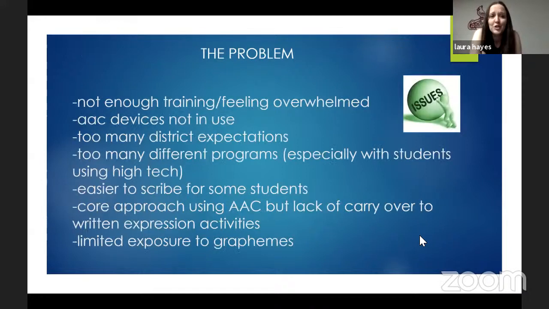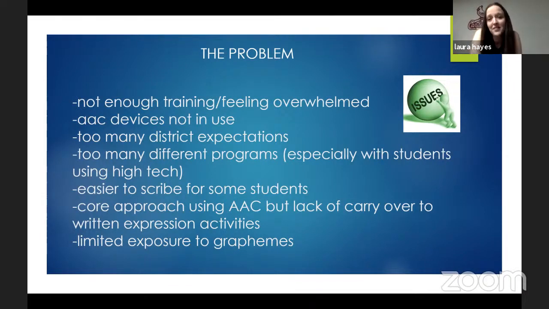But in doing that, because we have such a plethora of devices and tools for staff, we often hear feedback that they don't have enough training or they're feeling overwhelmed. The feeling of overwhelmedness, I think, has probably increased since COVID, and we're now training and teaching virtually.